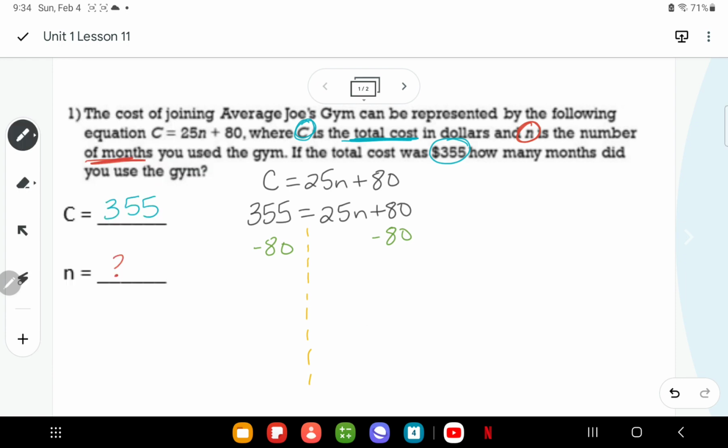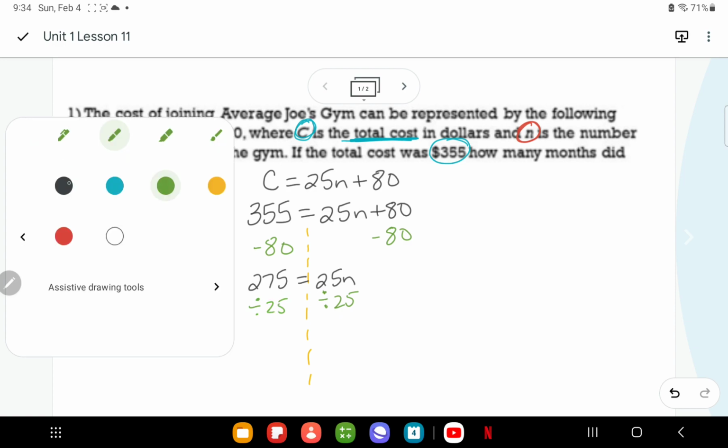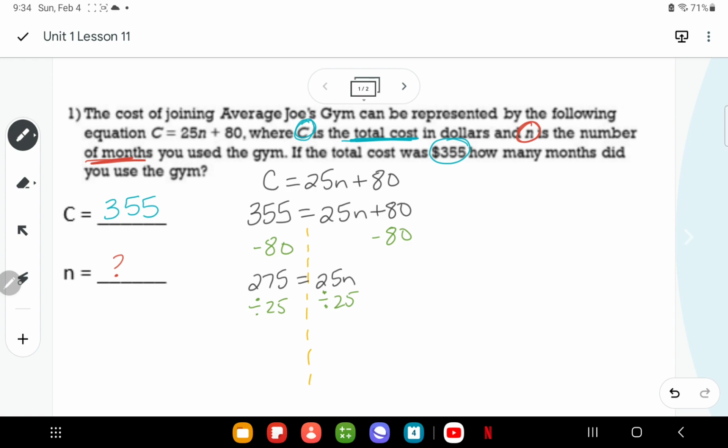So 355 minus 80. On the left, I get 275 equals 25N. And then I'm going to get N by itself by dividing by 25. So here I get 11 equals N.